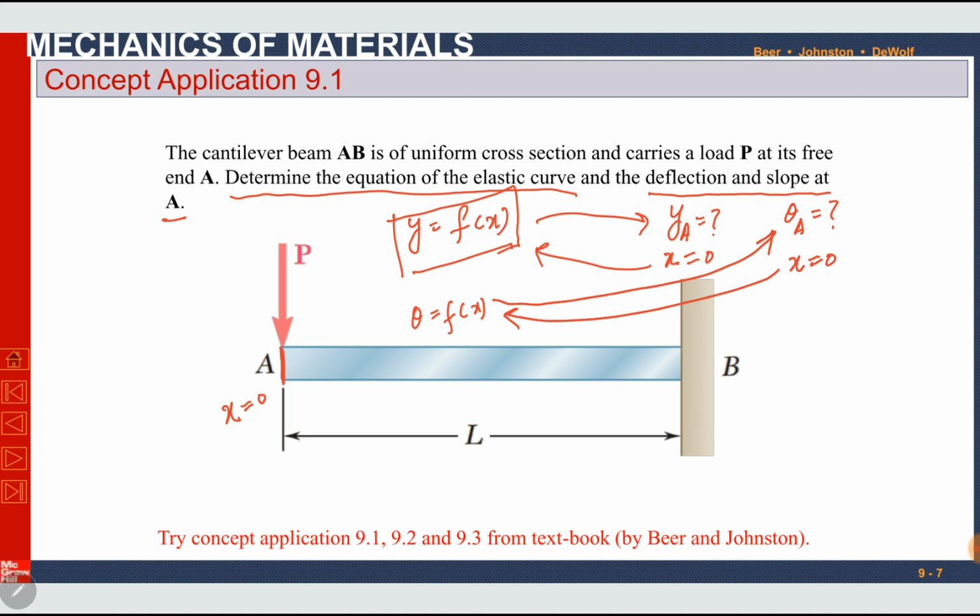So let us solve this problem. The solution of this problem is given in the textbook of the subject Mechanics of Material by Beer and Johnston. I will solve it here.